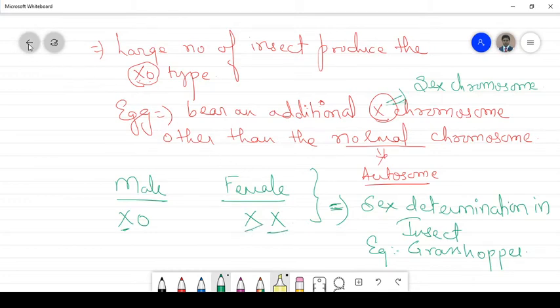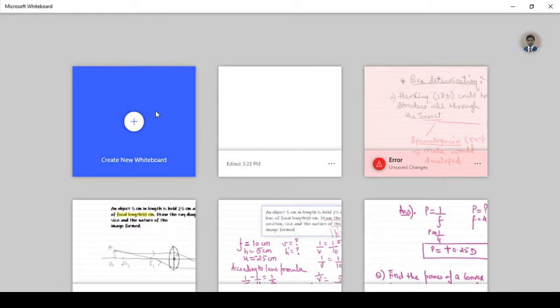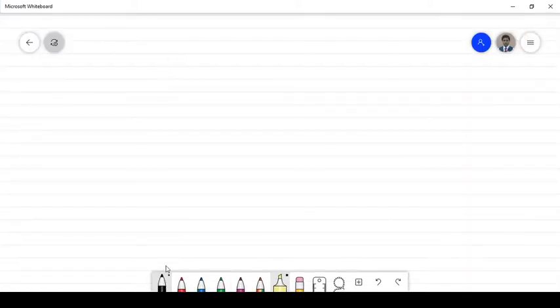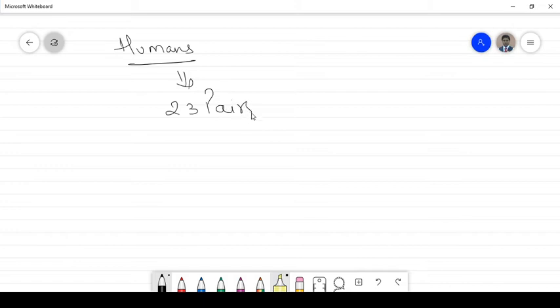Now, if we talk about humans, see, humans have 23 pairs of chromosomes.